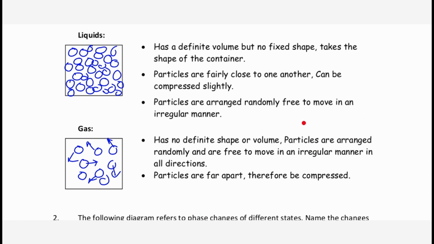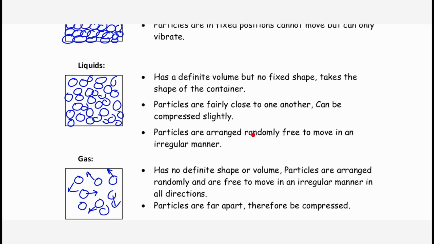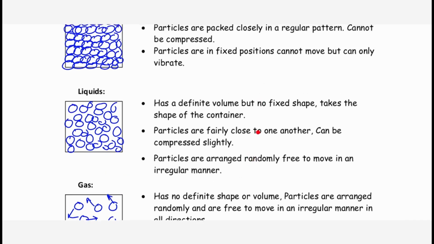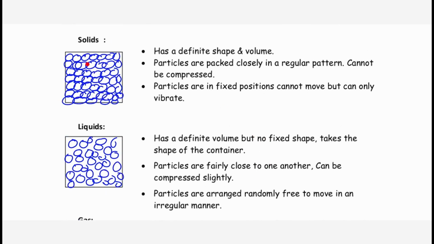Right, let's see how these 3 states of matter can interchange. For a solid, if you supply heat, the particles vibrate. They cannot freely move, but they take in heat energy and start vibrating, converting the heat energy into kinetic energy.